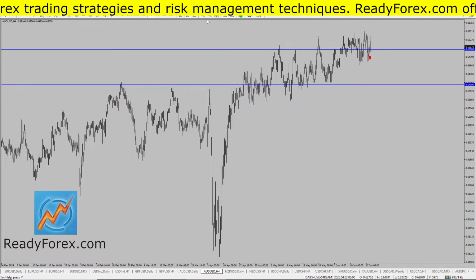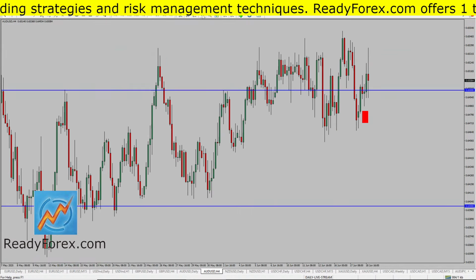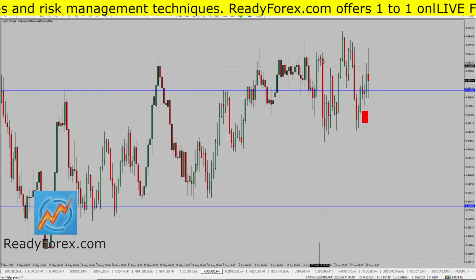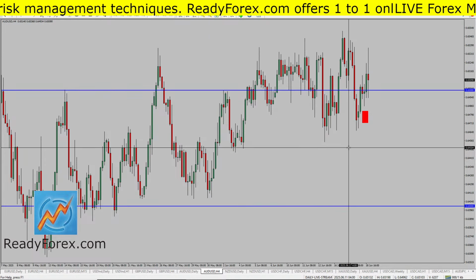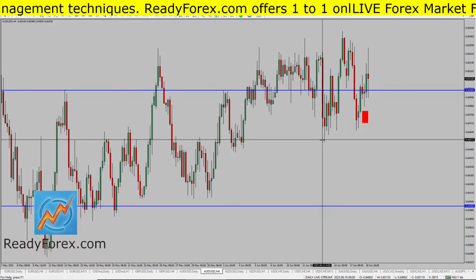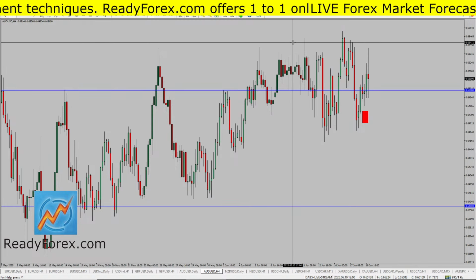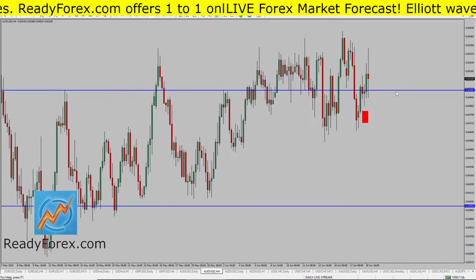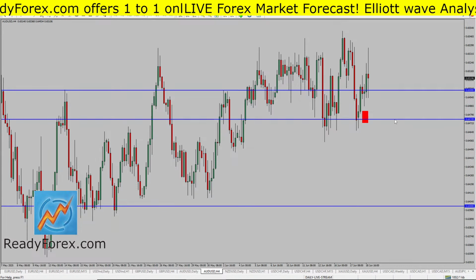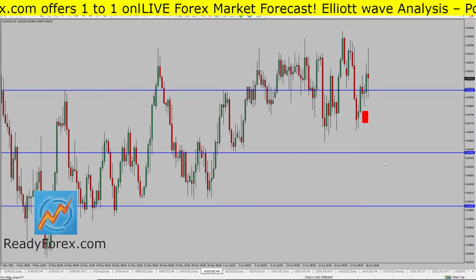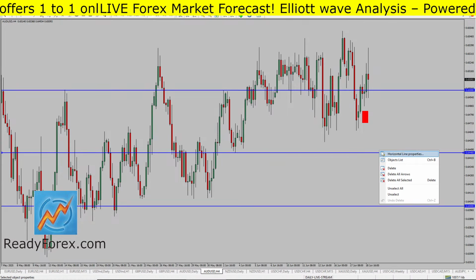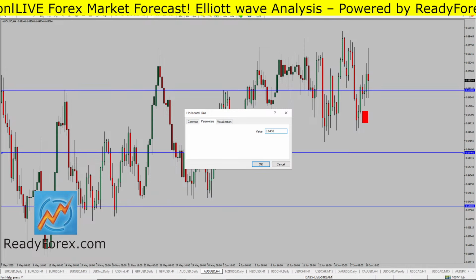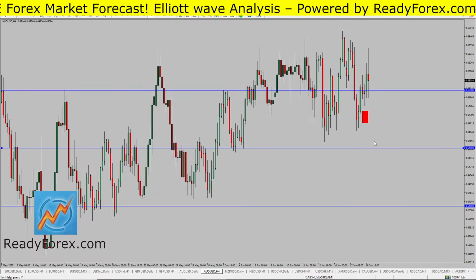Let's take a look at a 4-hour time frame. The 4-hour time frame is suggesting that the market is just going nowhere. Few pips up, few pips down. As far as the support is concerned, we can define a level in between these two round numbers, and that's going to be the 0.6450 level.